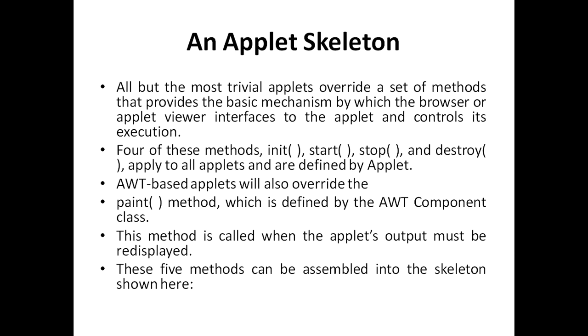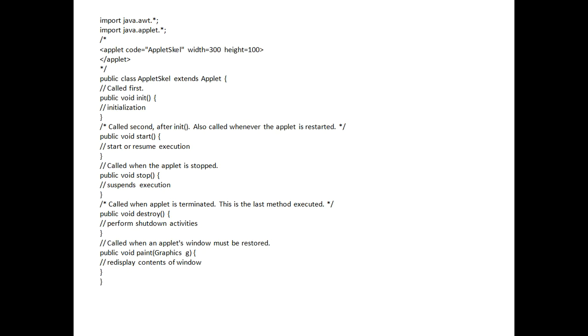This AWT based applet will also override the paint method, which is defined by the AWT Component class. So when you want to display some message or some data onto the applet window, then the message you want to display you have to write within this paint method. This method is called when the applet's output must be redisplayed. So these five methods can be assembled into the skeleton shown here. So now this is what exactly the skeleton of an applet.